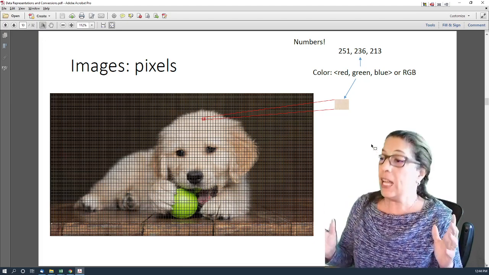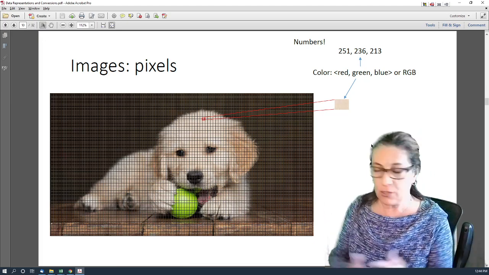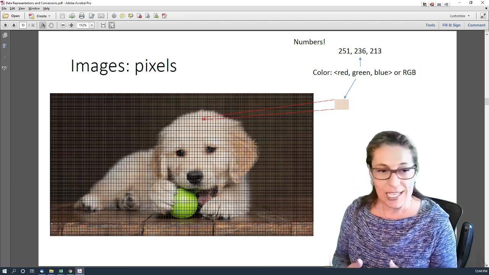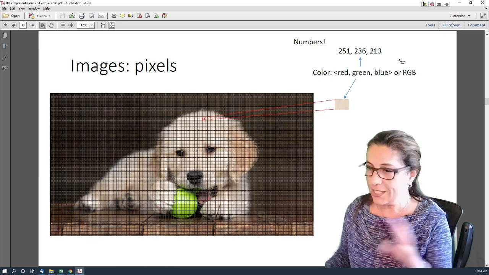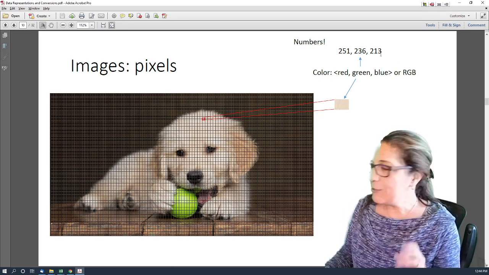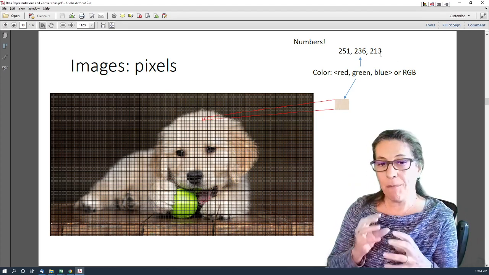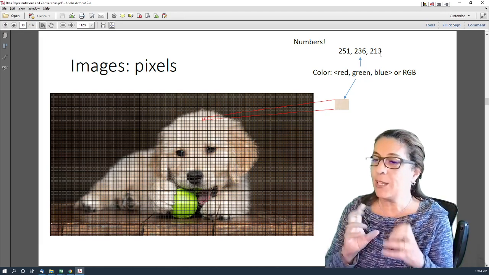And so what's a color in computers? Computers also don't understand colors. Colors are for us. A color is just a trio of numbers, just three numbers. And what do three numbers represent? They represent the mixture of red, green, and blue.